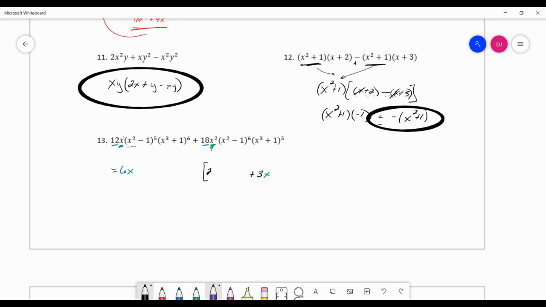Now notice I have x squared minus 1 to the 5th, x squared minus 1 to the 6th. I can factor out x squared minus 1 to the 5th. So all 5 of these come out here. 5 of the x squared minus 1 to the 6th come out here, and there's 1 left here.